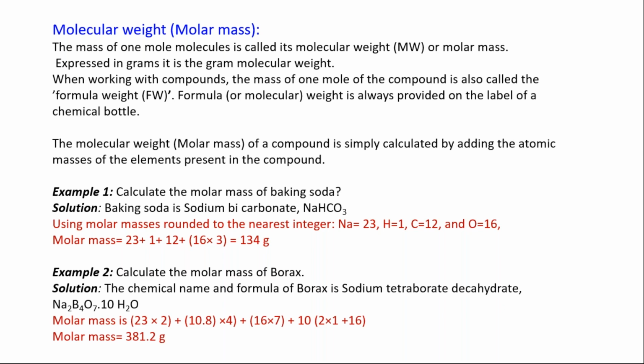Here you have to take into account, because it is the decahydrate, we have 2 sodium atoms, 4 boron atoms, 7 oxygen atoms, and 10 molecules of water. So you have 23 into 2, 10.8 into 4, 16 into 7, and 10 into 18. So the total molar mass of borax is 381.2.